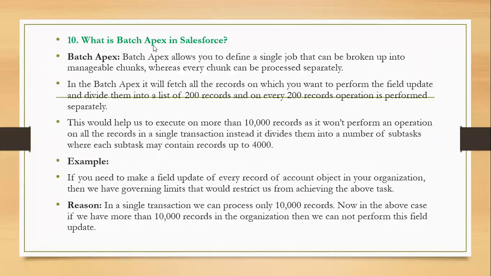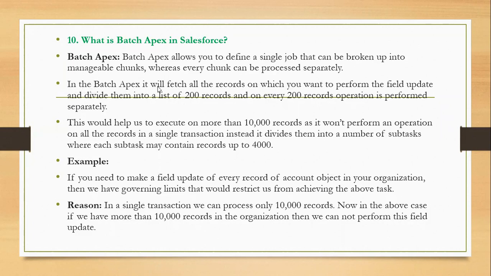Next question. What is batch Apex in Salesforce? Batch Apex allows you to define a single job that can be broken up into manageable chunks, where every chunk can be processed separately.